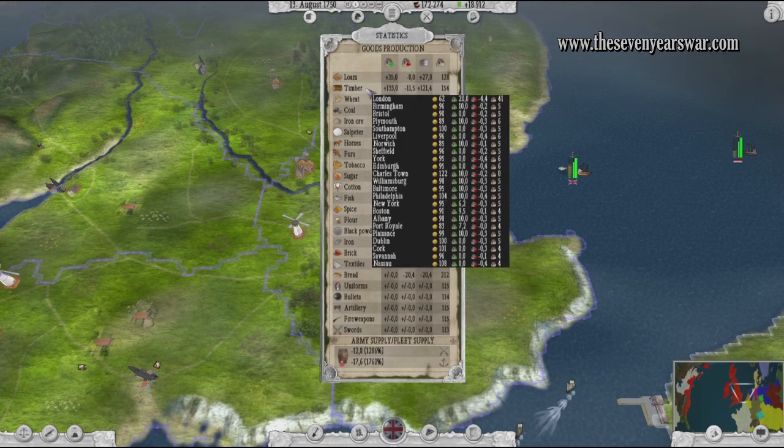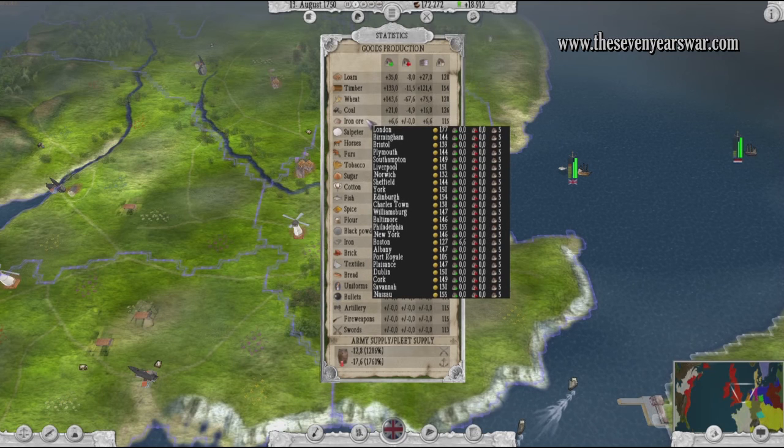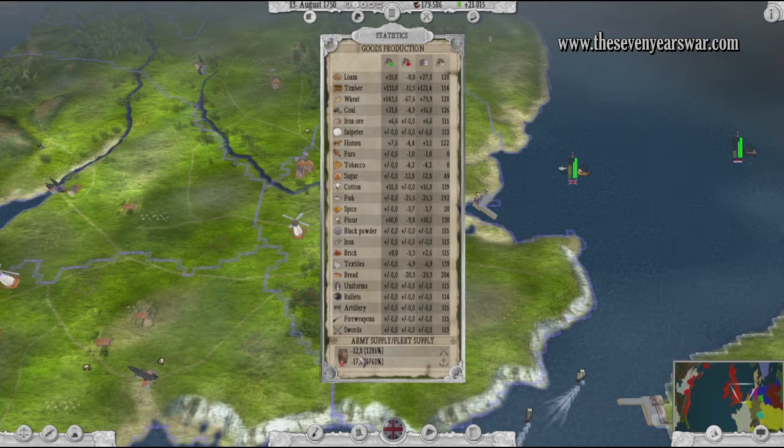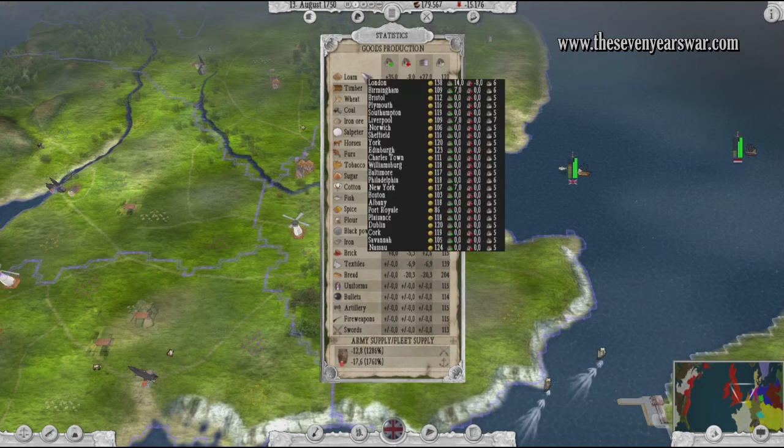If you move the mouse over, you have a summary of all data of your provinces. At the bottom you can see the consumption of your army and your fleet. So they have to be supplied too. They will need food, which means fish or bread, to be supplied.